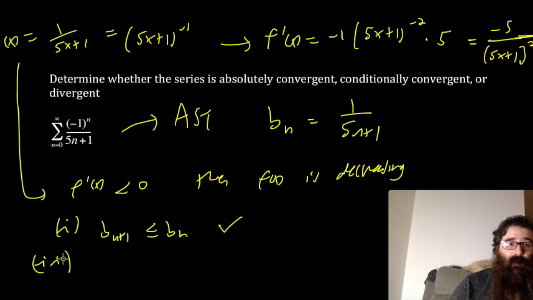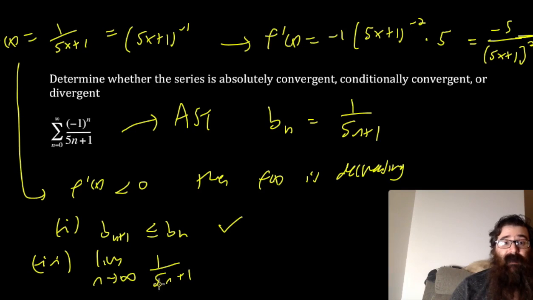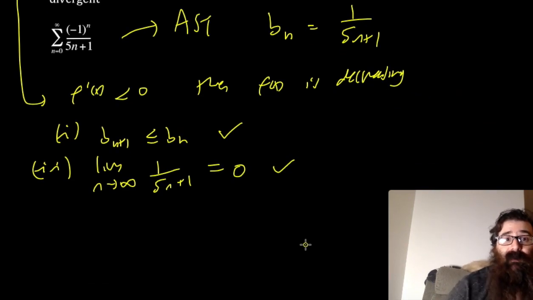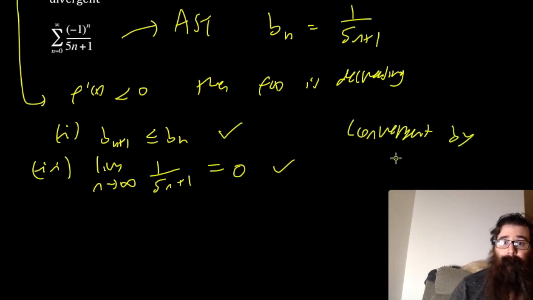The second thing to check is the limit as n goes to infinity of b sub n, the limit of 1 over 5n plus 1. As n gets larger, 5n plus 1 grows without bound, and 1 divided by that gives me 0. So this is a convergent series, convergent by the alternating series test.